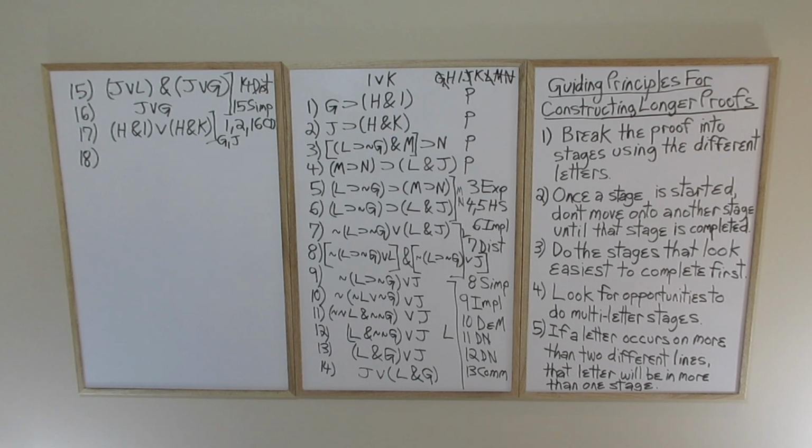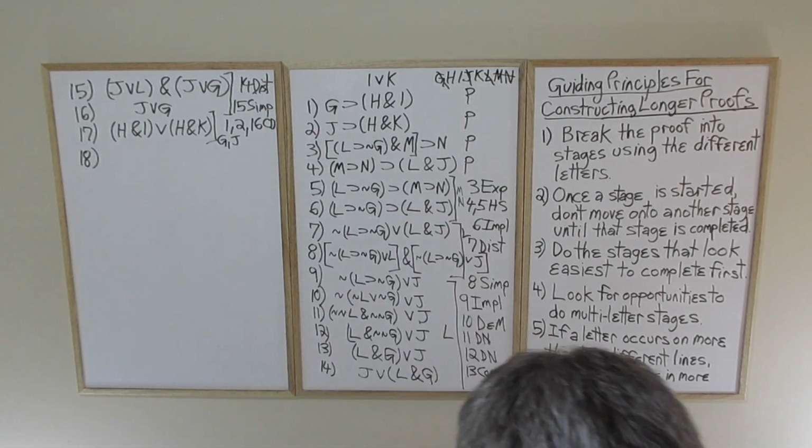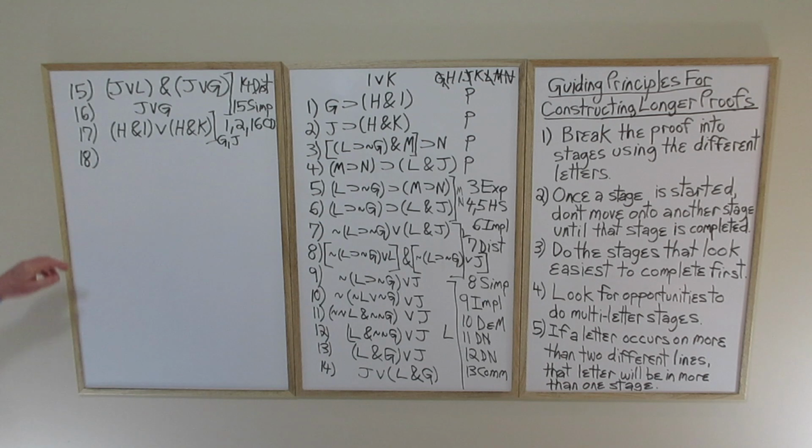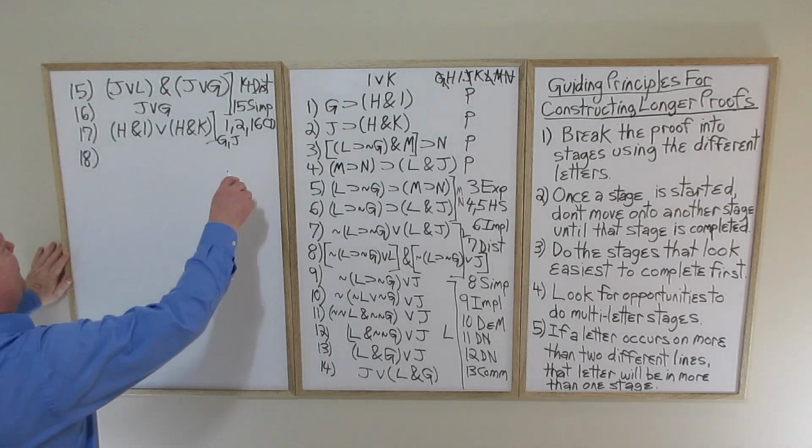This is the bottom right-hand side. We've got the disjunction H and I or H and K. Let me have a quick look. Where's that template? It's actually the top right-hand side, but this is the distribution situation we want.